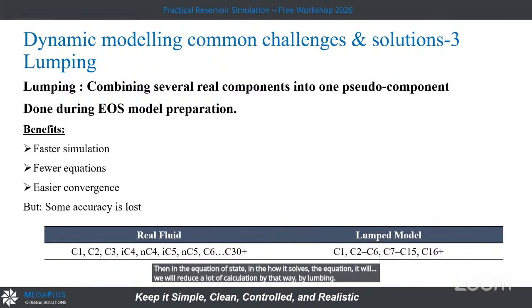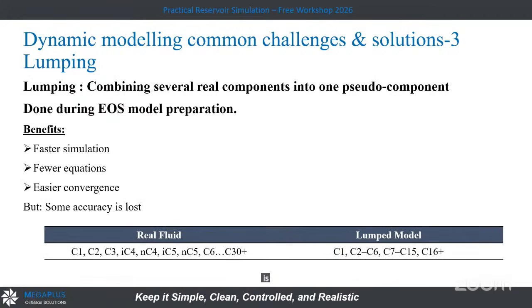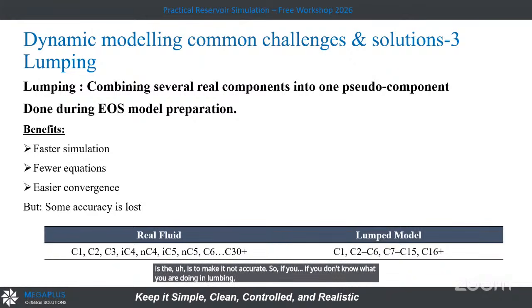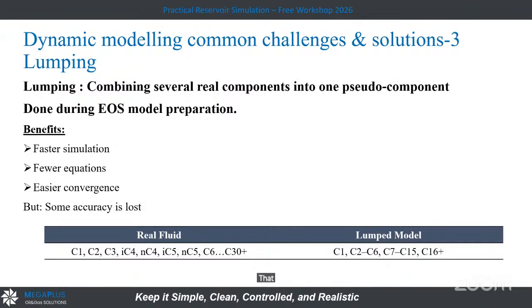The challenge here is to make it not inaccurate. If you don't know what you are doing in lumping, sometimes you will face a challenge in the fluid behavior, that you will not mimic the real phase behavior change.